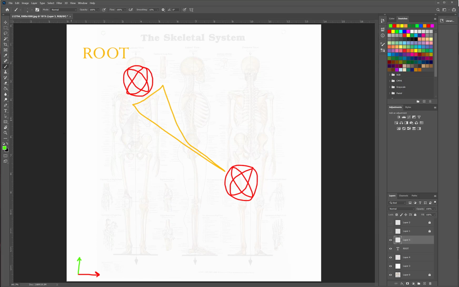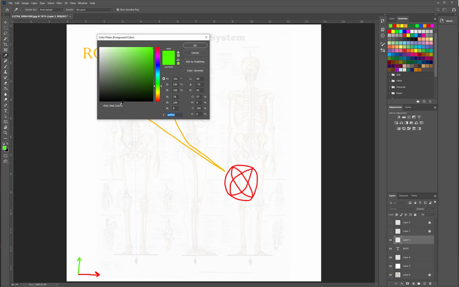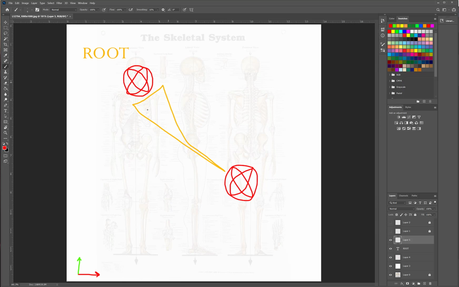The angle at which the joint points is called its orientation. So I'm going to come back to red, and I am going to draw an arrow in the direction this joint is oriented, in the direction its local rotation axis is situated. So we'll put a little red arrow in there too.